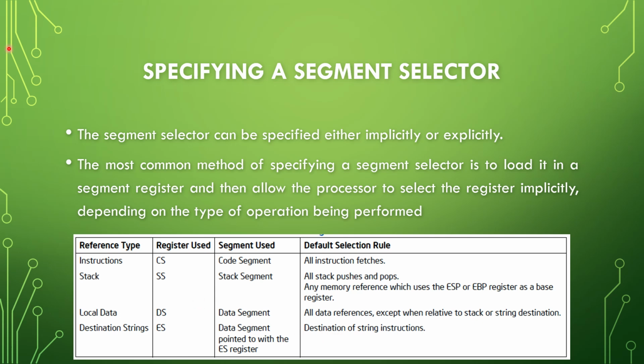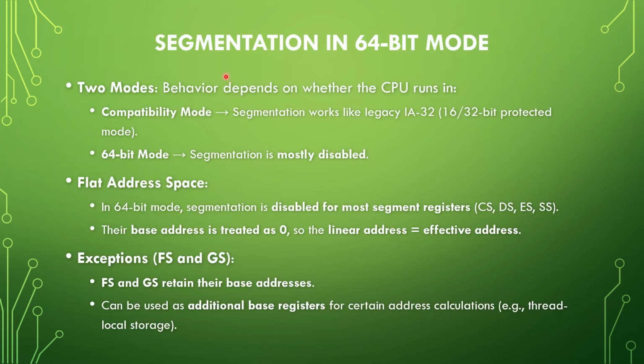Coming to segmentation in 64-bit mode, there are two modes, depending on whether the CPU runs in compatibility mode or in 64-bit mode. If it is in compatibility mode, segmentation works like the legacy IA32 mode. If it is in 64-bit mode, segmentation is mostly disabled.